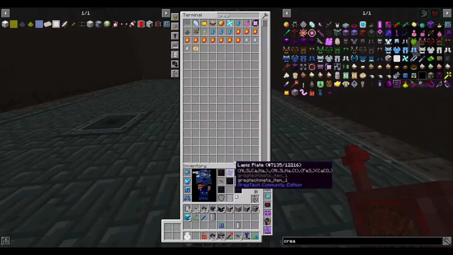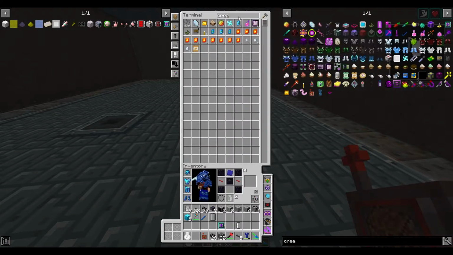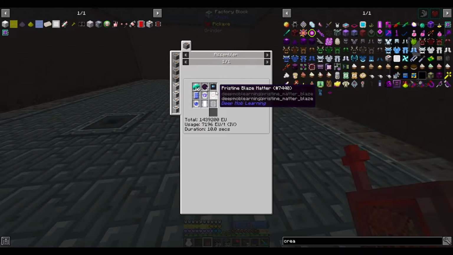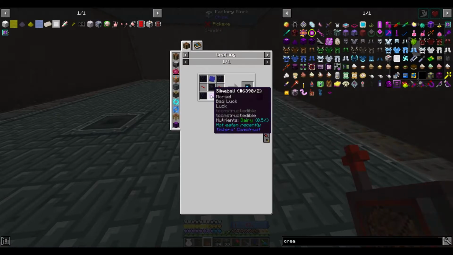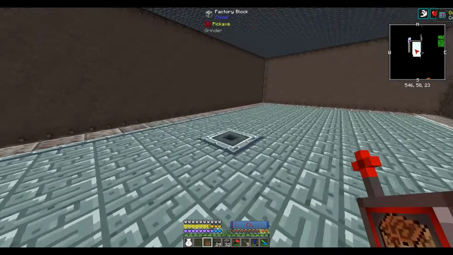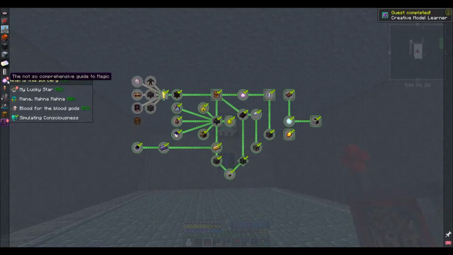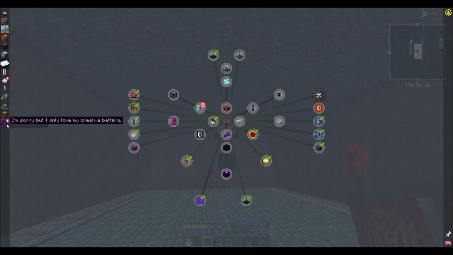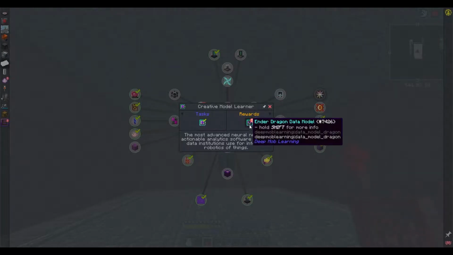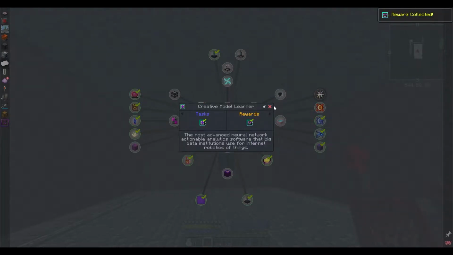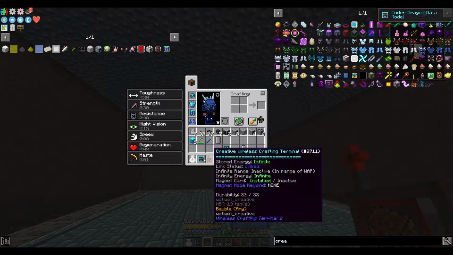Creative Model Learner. Nice. And this consumes my deep learning, and this requires a pink slime. Will you give me another one by any chance? No, but it gives us an Ender Dragon data model, and that's nice.